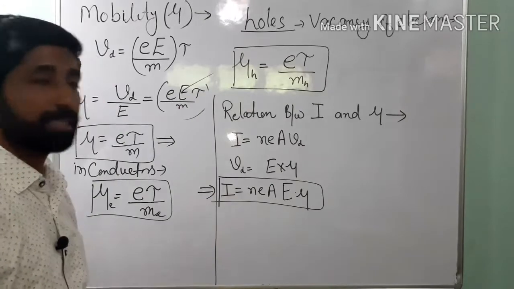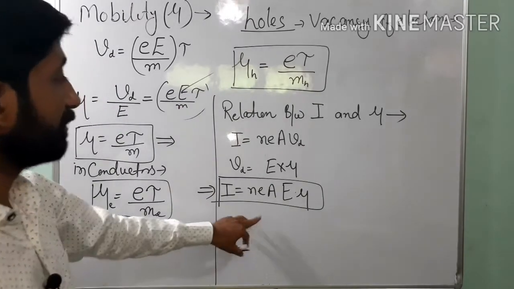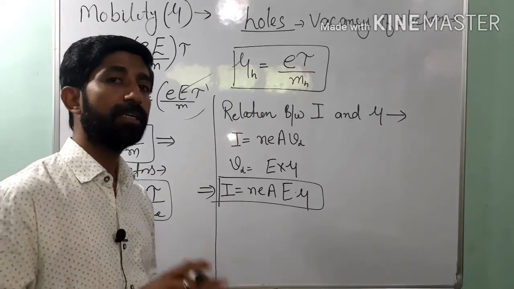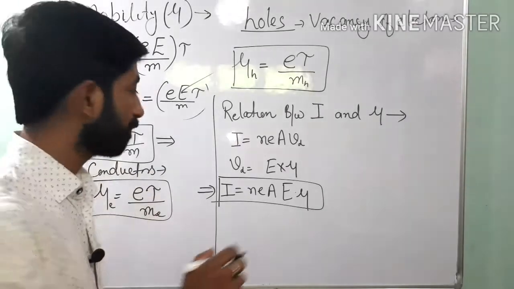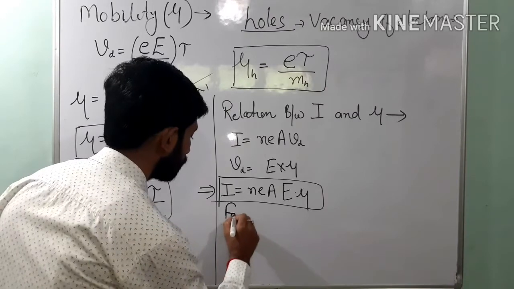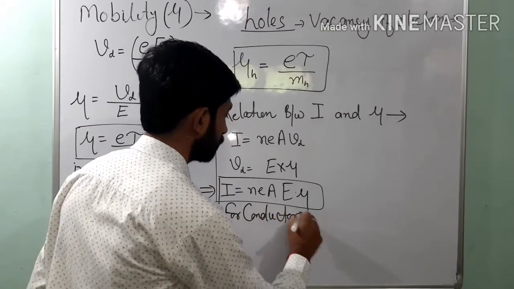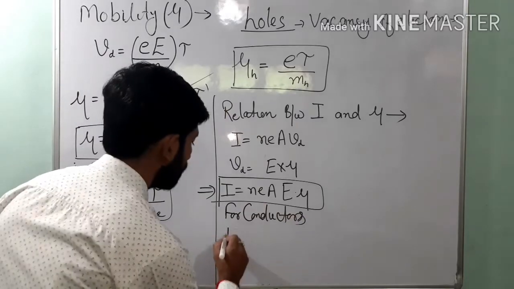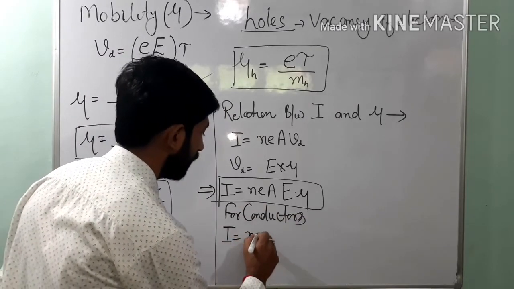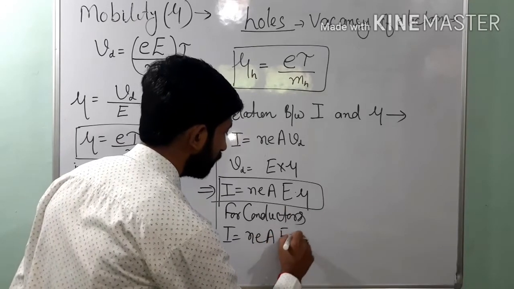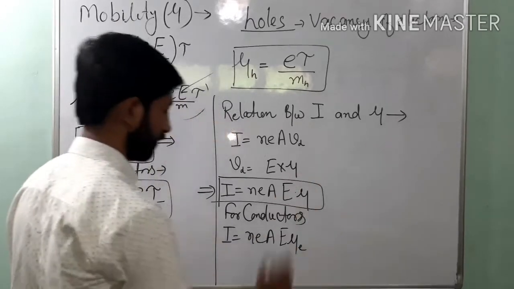The current in a conductor is given by, obviously in case of metals the electrons are the main charge carrier. So for conductors, the current is given by N, E, A, E and mu of electron.